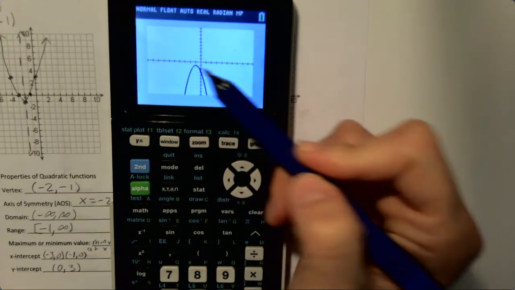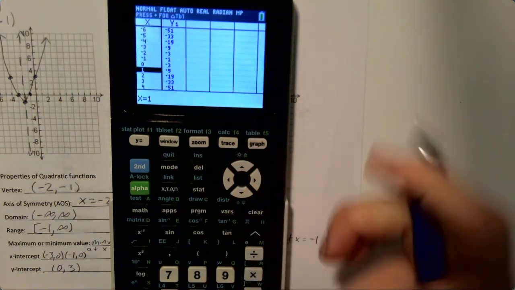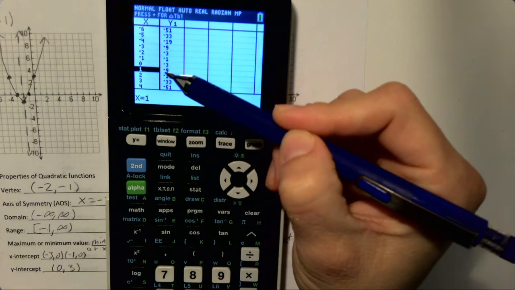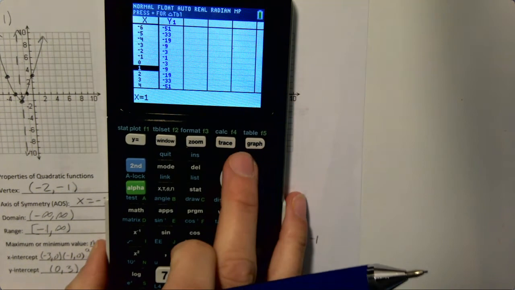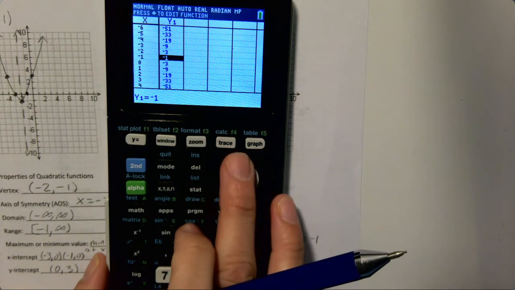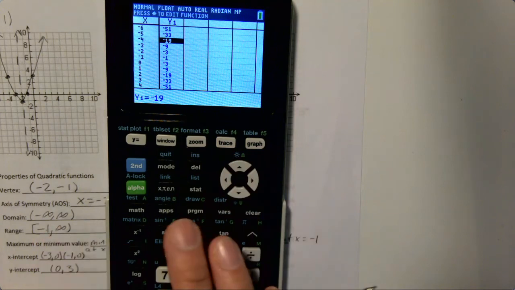So that means there are no x-intercepts, right? If I hit second graph, I get my table of values. You can see here's -1, -1, so that was my vertex. And if you notice, the points start going back and forth because it's symmetric.